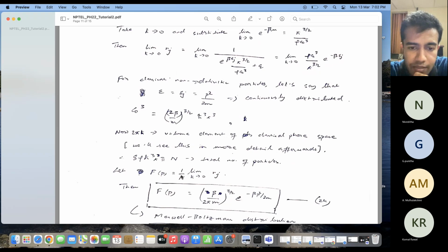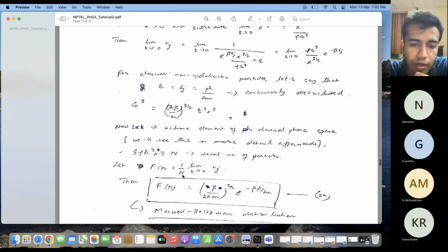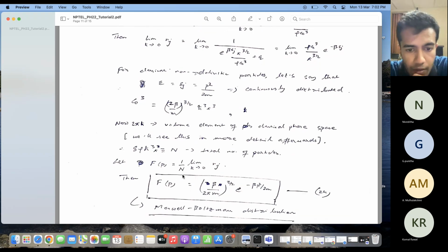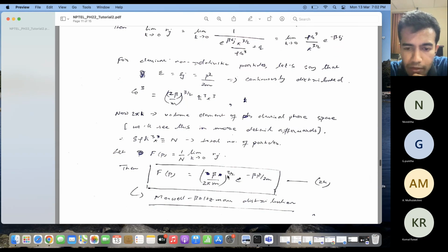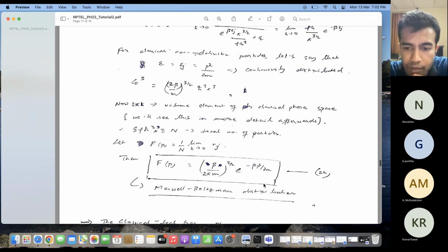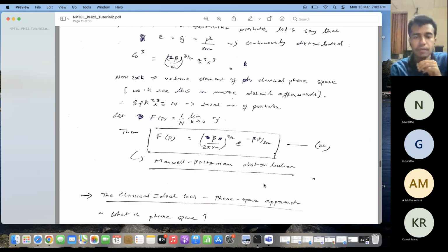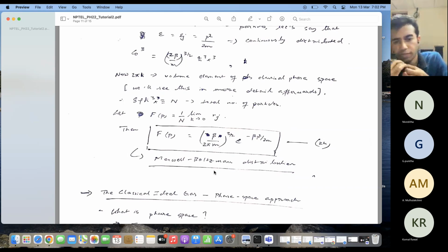And this factor acts as a normalization factor which you have while deriving probabilities. Okay, so if I substitute this expression over here, then I can actually read off n from this expression, and then f of p becomes equal to (beta by 2 pi m) whole raised to the power 3 by 2 e to the power minus beta p square by 2m. So this is the celebrated Maxwell-Boltzmann distribution function.